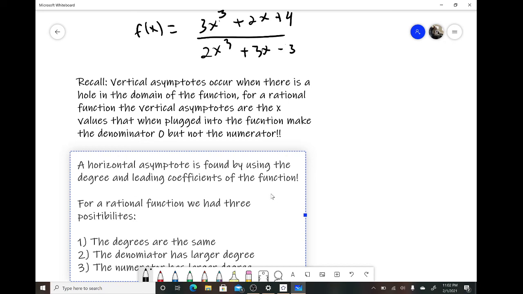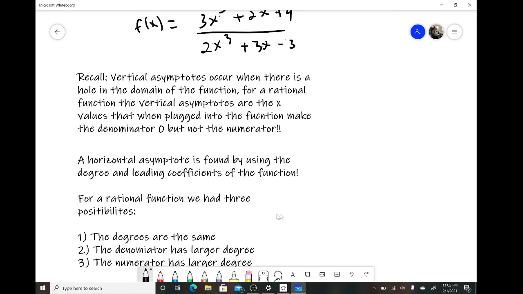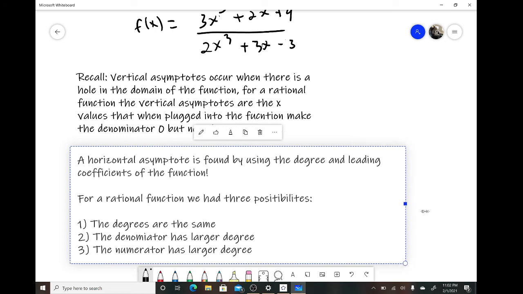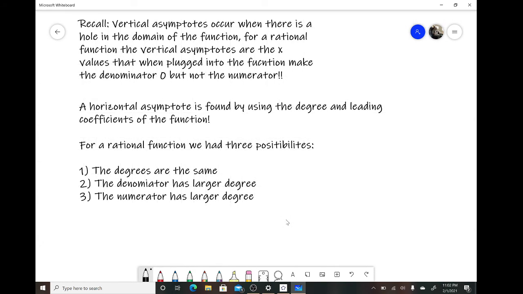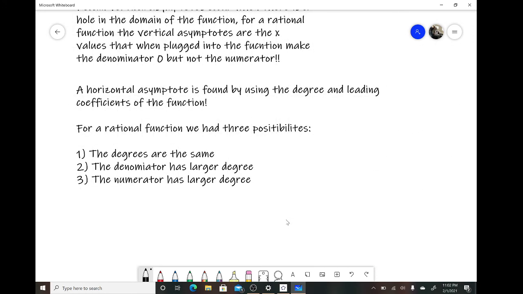Again, this should not be anything new. This is, once more, a review of precalculus. If this is something new, then you really need to go back and review these concepts because they're going to be extremely useful.